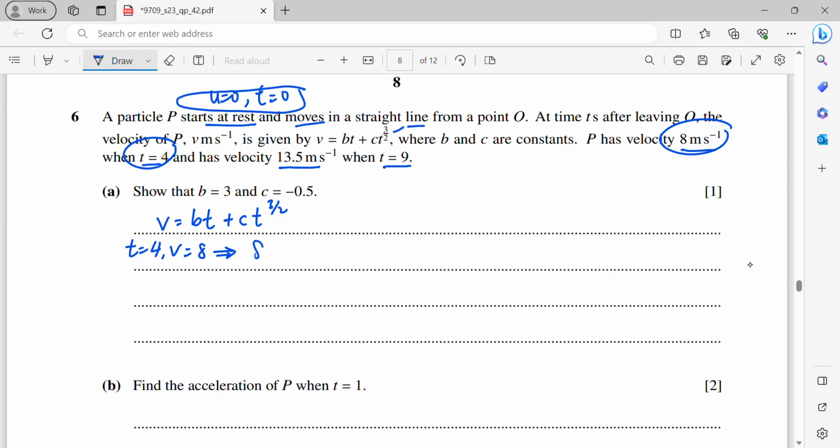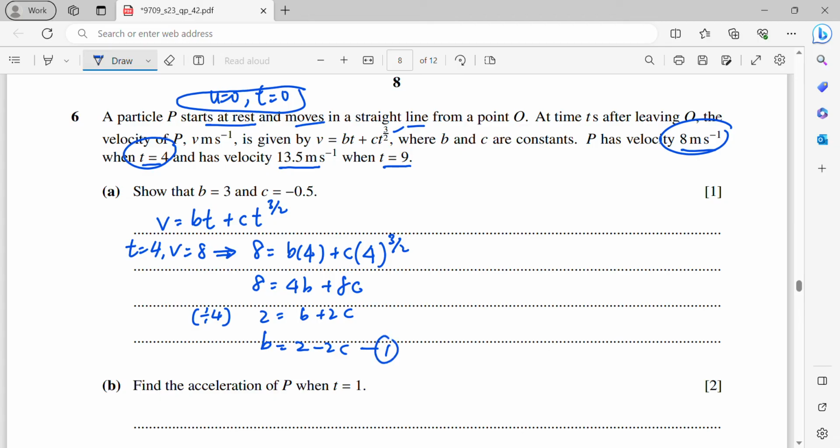So now I will get 8 equals B times 4 plus C times 4 to the power of 3 over 2. So from here I will get 8 equals 4B plus 8C. Therefore, I divide the whole equation by 4. Then 2 equals B plus 2C. Therefore, my B is going to be 2 minus 2C. That is the first equation.